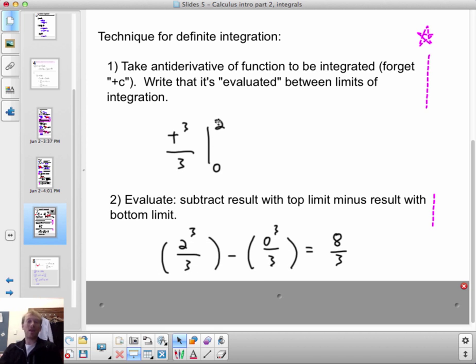Then, the way that I perform this evaluation mathematically is to take this expression and substitute the number on top, and then subtract what I get when I take the expression and substitute the number on the bottom. So t cubed over 3 evaluated between 0 and 2 is 2 cubed over 3 minus 0 cubed over 3.